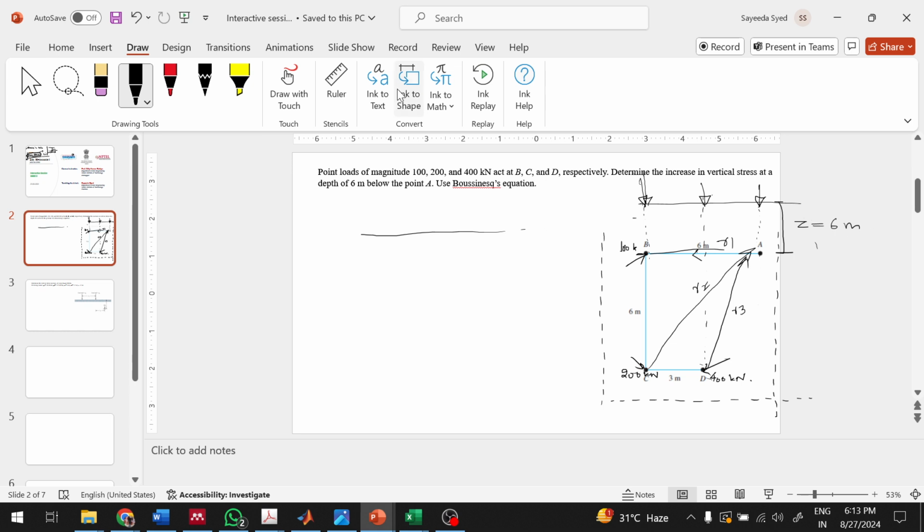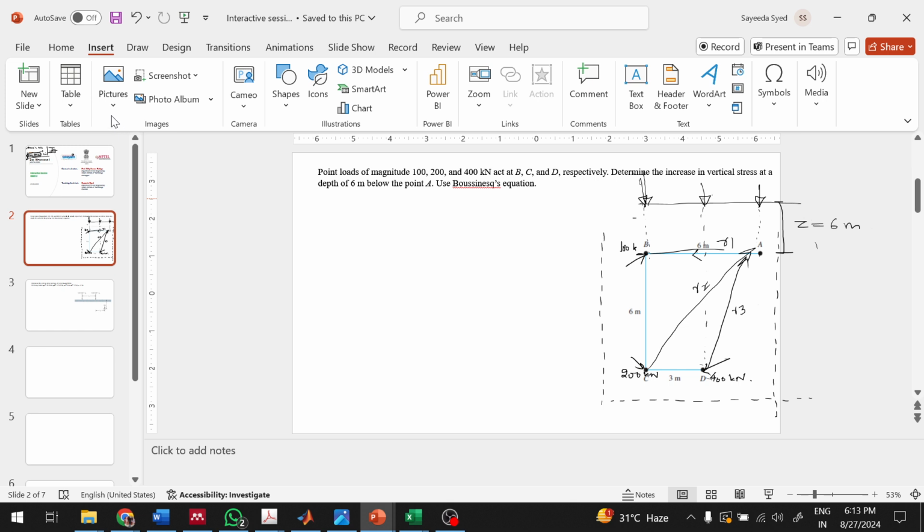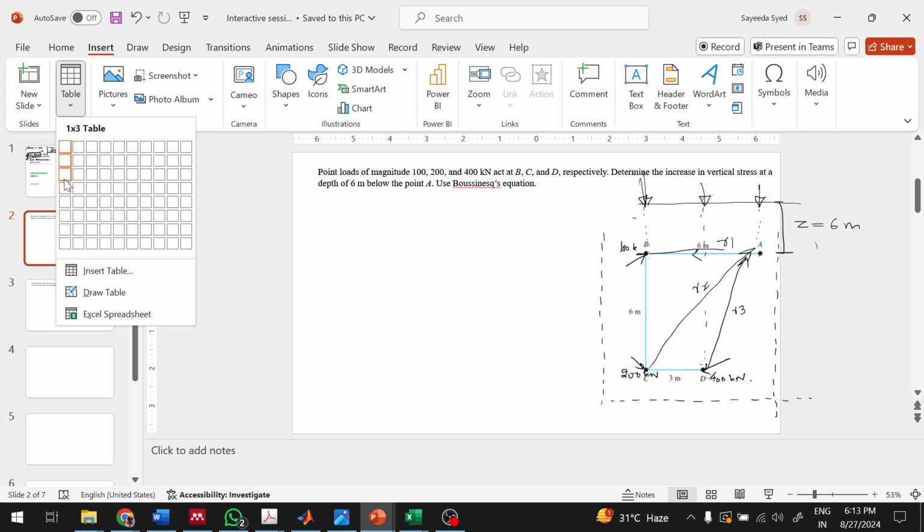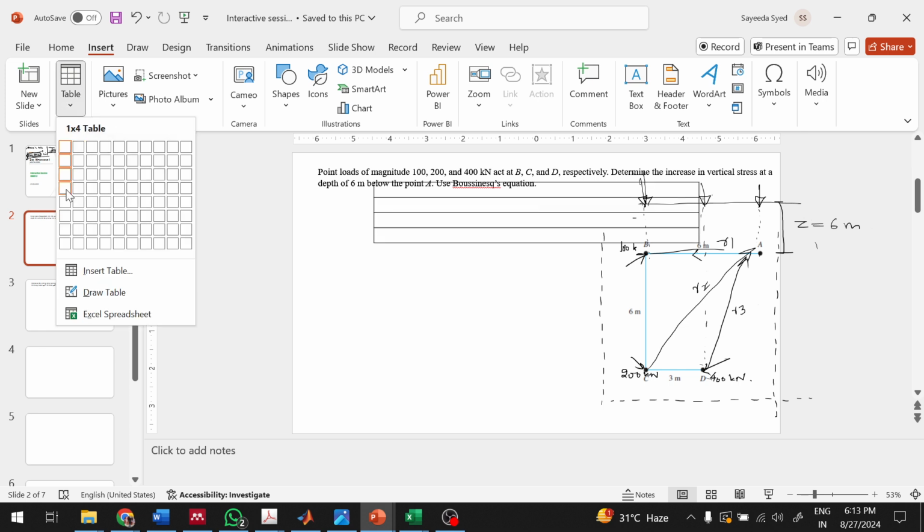So let's try to calculate. If you use the Boussinesq equation, okay, let's actually draw a table so it is more legible to us.